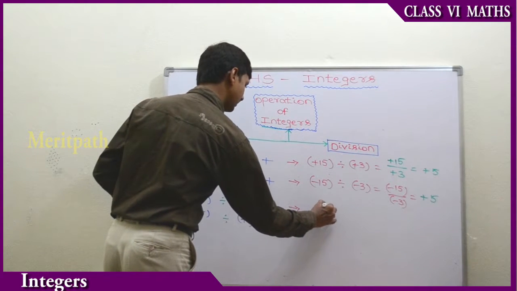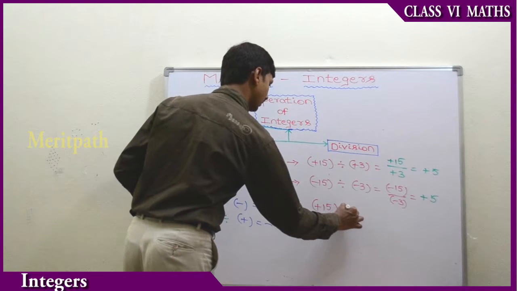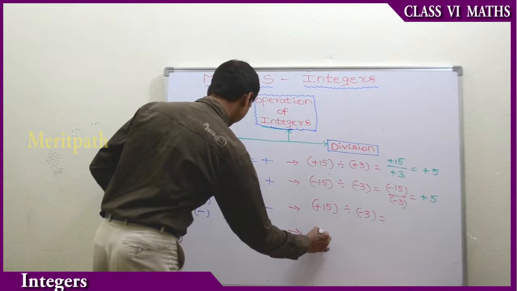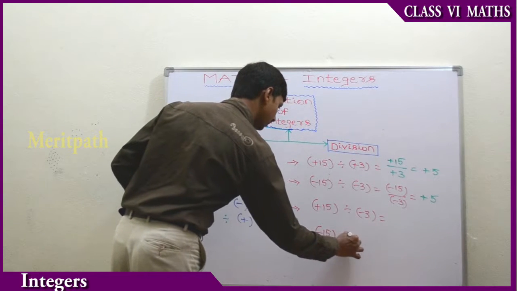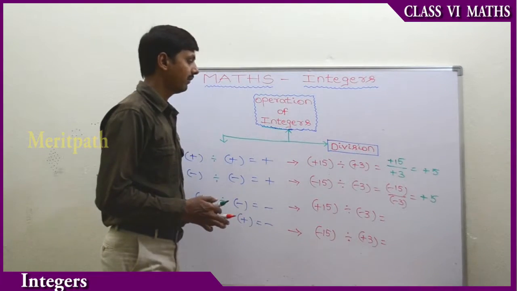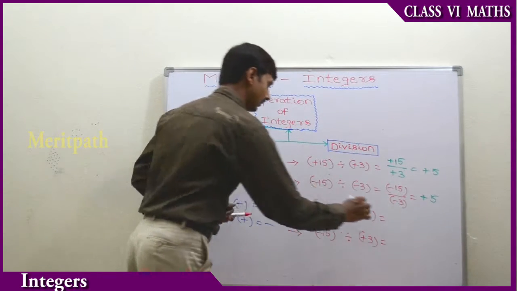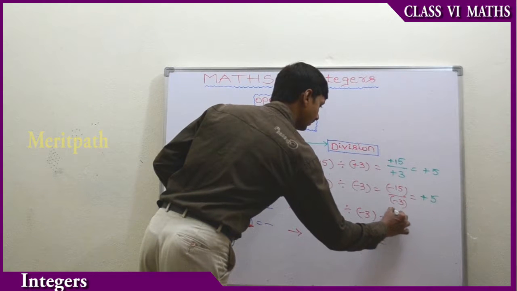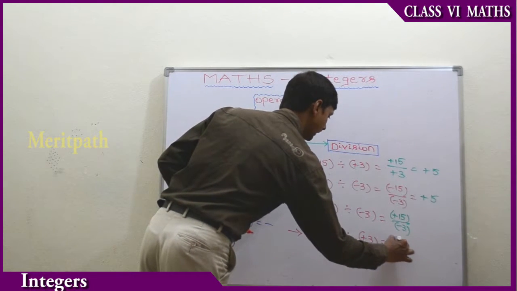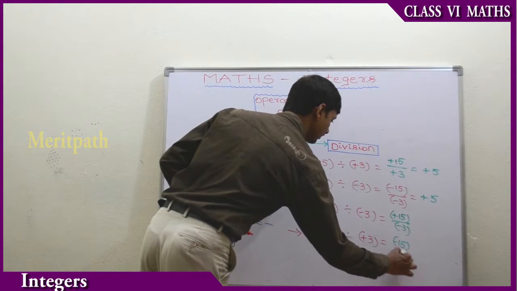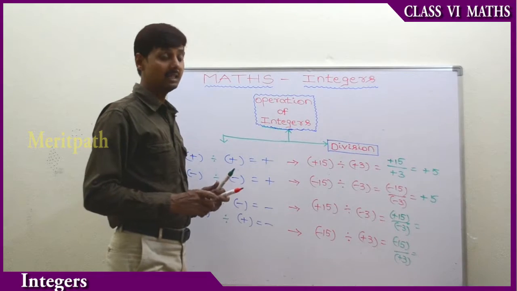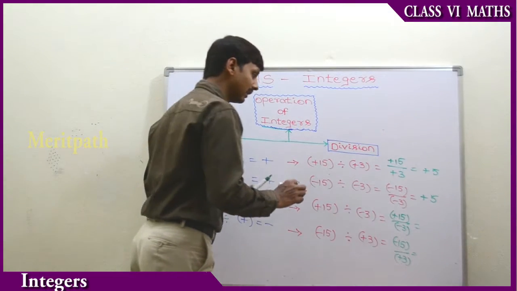It's plus 15 divided by minus 3. The next one is minus 15 divided by plus 3. So when we divide two numbers which have different signs, we get minus as a result.